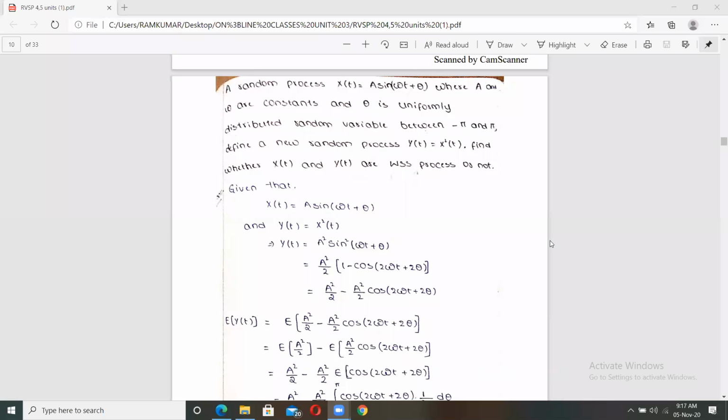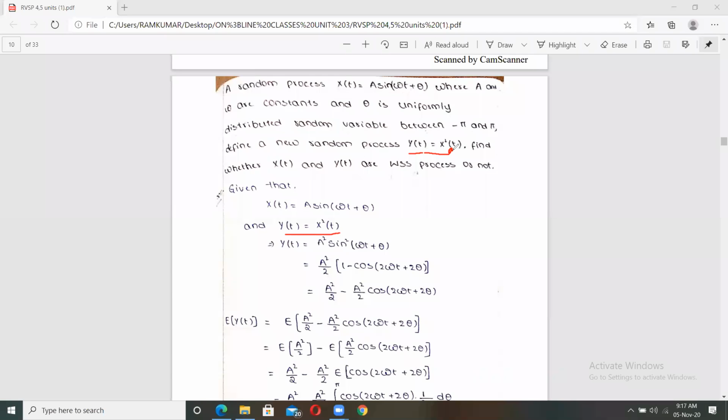Now here is the problem. X of t equal to a sin omega t plus theta and y of t is equal to x square of t. The main difference between the previous problems and this one is that a new random process was defined and is denoted as y of t, which is a function of the given random process x of t.